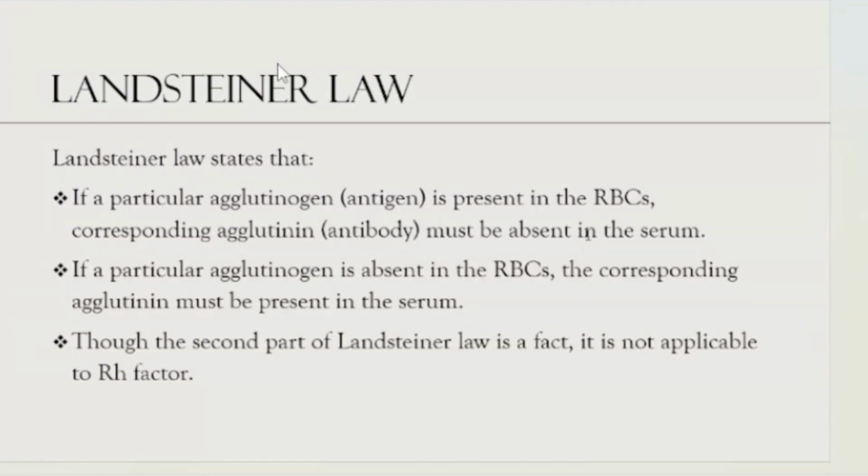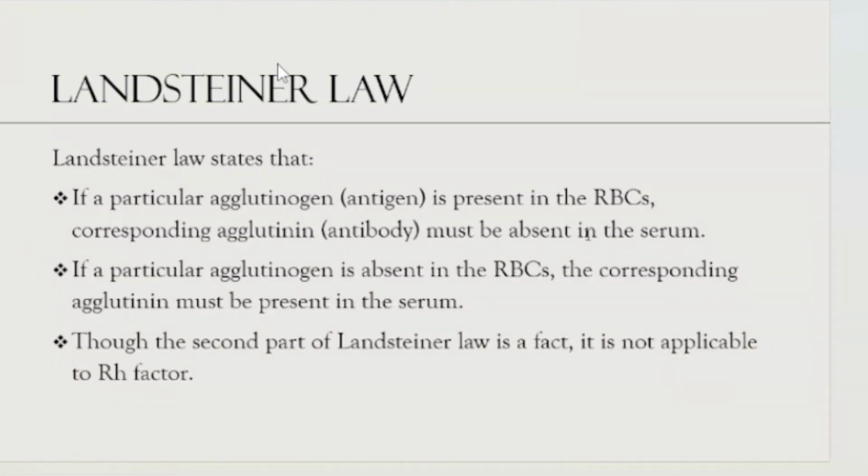For example, if you have A antigen on your red blood cell, there won't be anti-A or alpha antibody in your plasma, because the alpha antibody would react with the A antigen, leading to an antigen-antibody reaction which will cause hemolysis in our body.